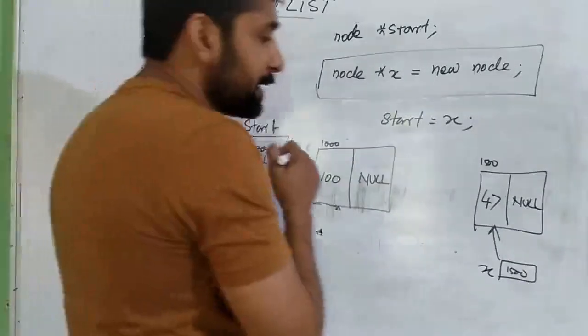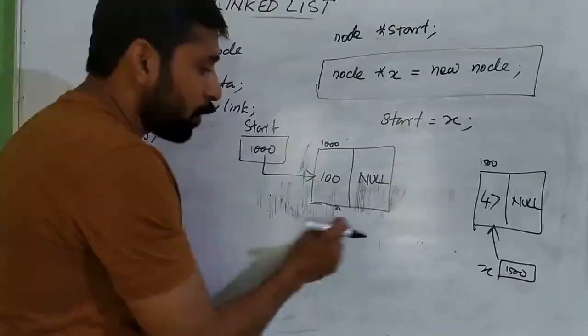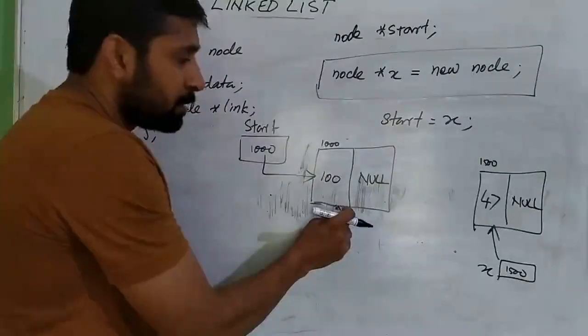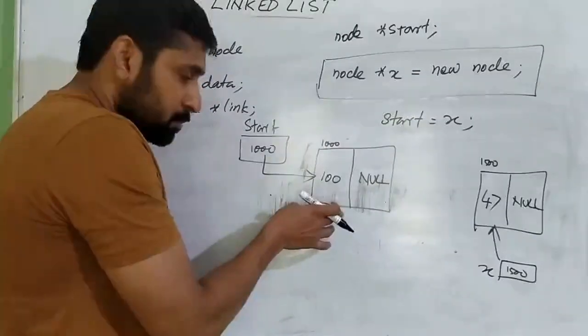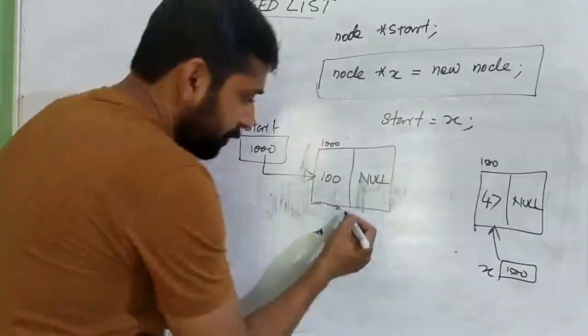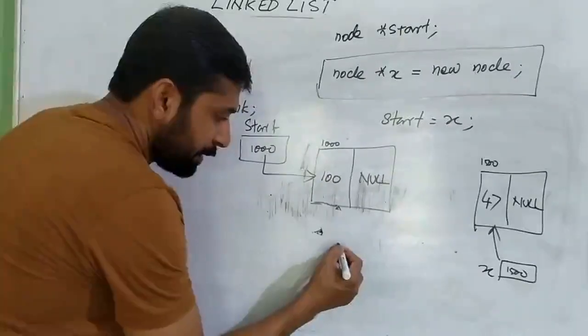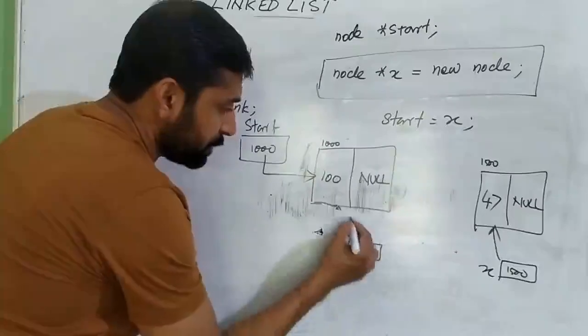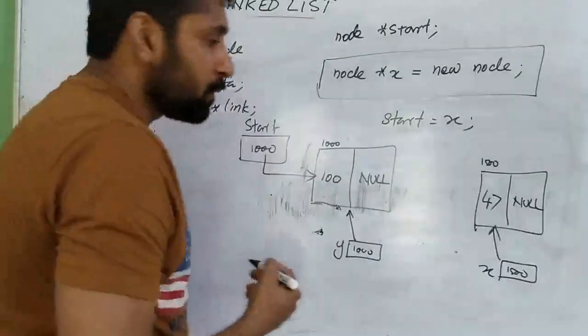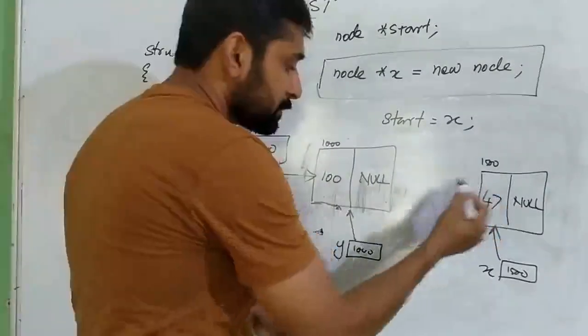So we have to keep a pointer, say we have traced this with another pointer called y. This y contains 1000. So what we have to do is link this.